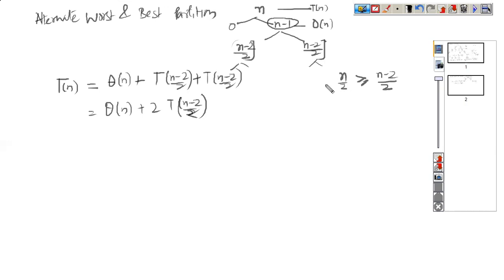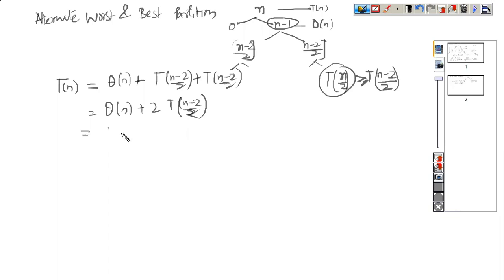If you are replacing any value with something more than this, then it will not affect the big O notation, because in big O we are looking for the worst effort or the maximum effort that is required to solve the problem. So I can even replace this term with n by 2. I can replace T of n minus 2 by 2 with T of n by 2, because this is more than this. That is actually okay, because we are looking for the worst scenario, the maximum effort required.